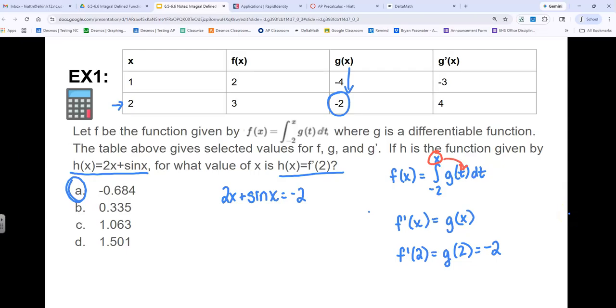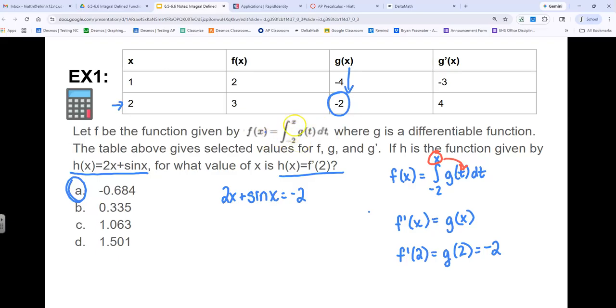I feel like I understand why we need to be able to do these types of problems. They could have just told us that g is the derivative of f right here, right? And then we wouldn't have all these complicated looking integrals and things like that, but they're not going to do that. It's going to look like this.